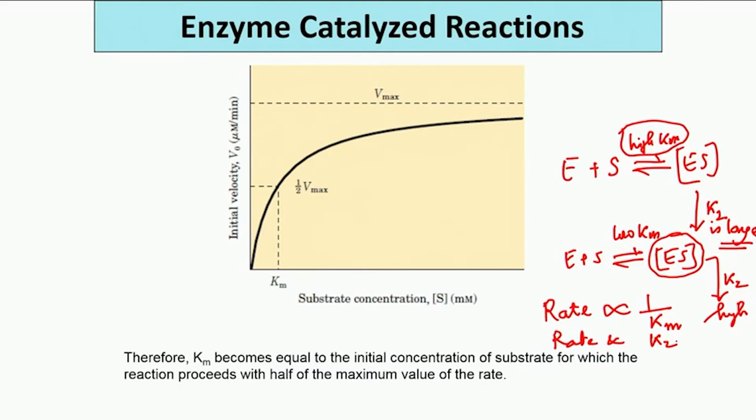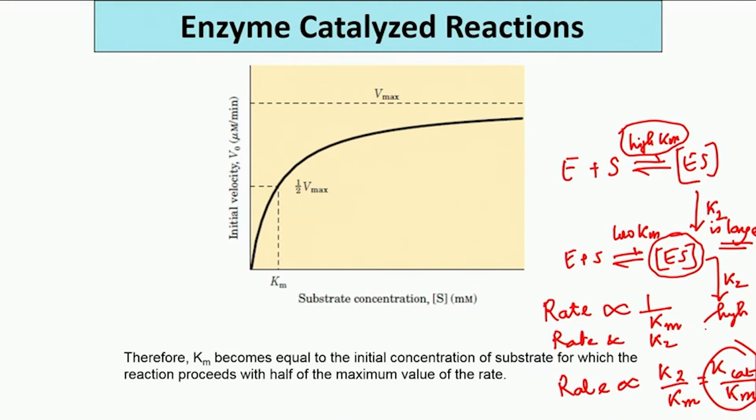So, if you combine this, you will see that rate will be dependent on k2 by Km. In the books, you will see that it is equal to kcat by Km. This ratio actually decides the efficiency of an enzyme.